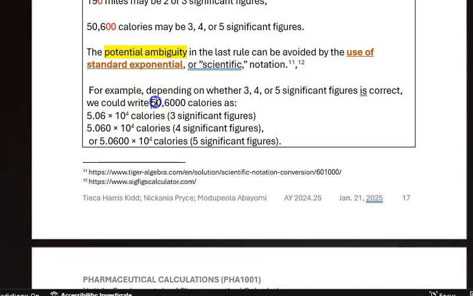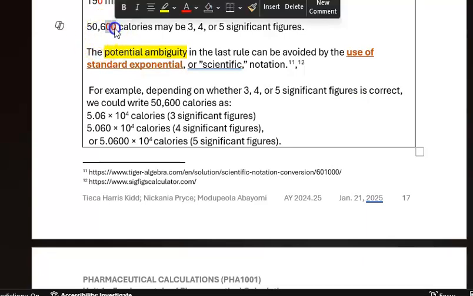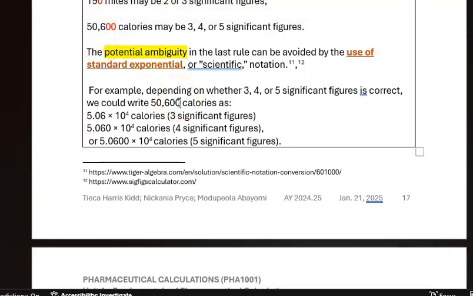So 50,600, I think it should be 600 calories because it's 600 here. I had an extra 0. It can be written as 5.06 times 10 to the 4. Let's see why we get 10 to the 4. Let's draw.